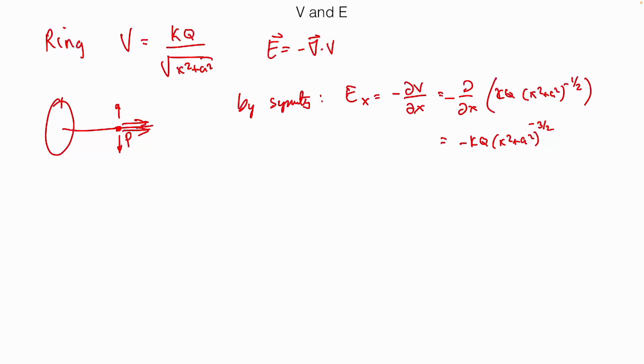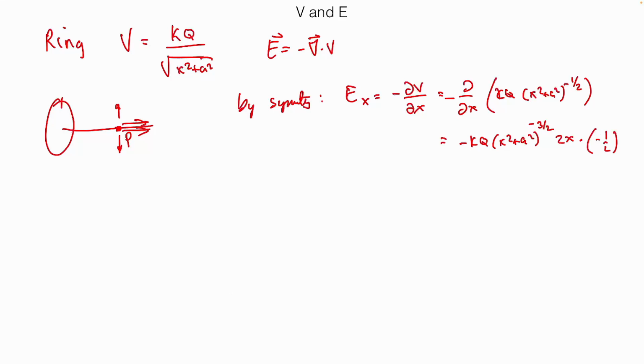And then after that, you have to remember to do the derivative of what's inside. What's the partial derivative of x squared plus a squared? It's just 2x. I followed all my derivative rules there, right? The derivative is you take the exponent, you bring it down, you subtract 1.